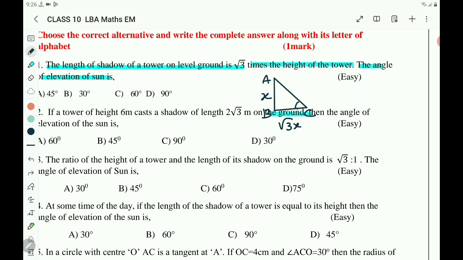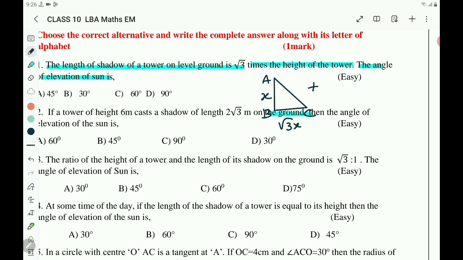To find angle C, we have to think about the trigonometric ratio to be used. For angle C, AB is the opposite side and BC is the adjacent side. Which trigonometric ratio has opposite side by adjacent side? That is tan theta.